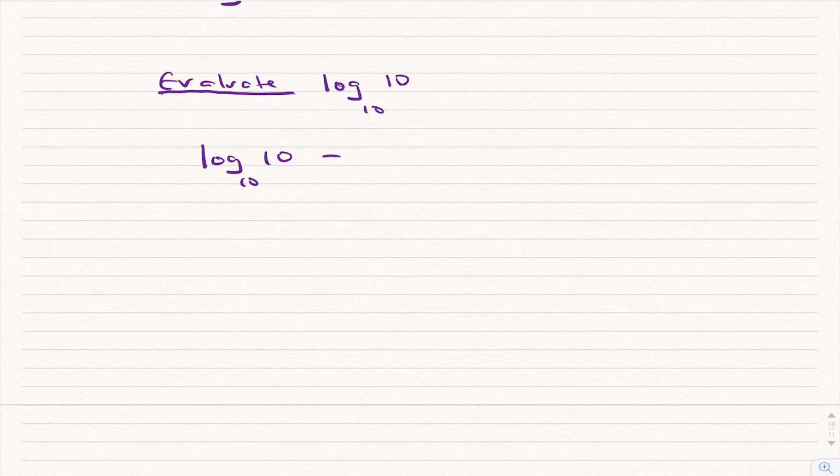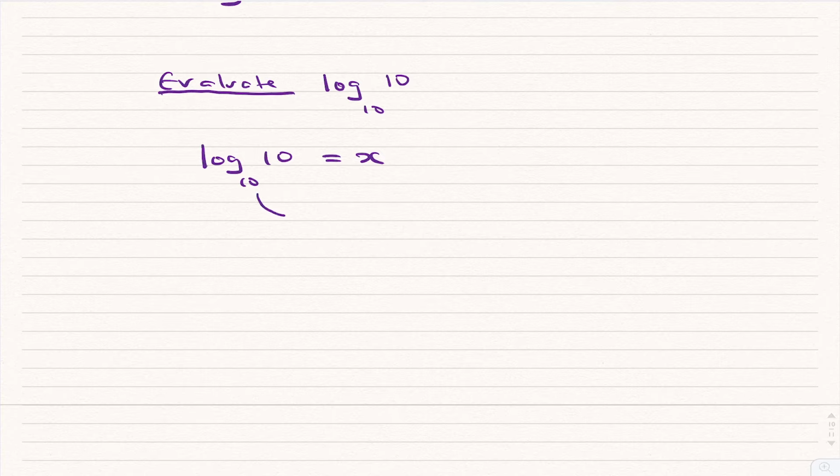If we are told to evaluate log base 10 of 10, I think we should know what that is from using the power law, but we can prove it by evaluating it. So we write log base 10 of 10 equals x.